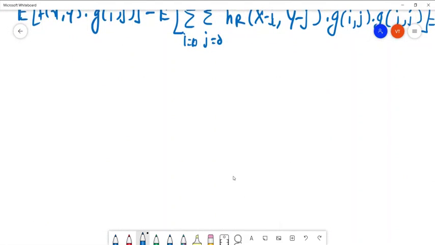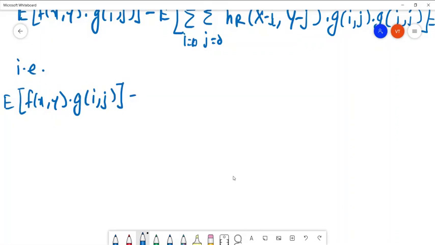So that is E[f(x, y) dot g(i, j)] equal to minus the summation.